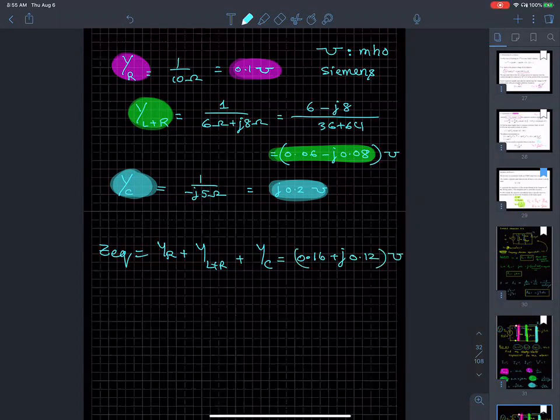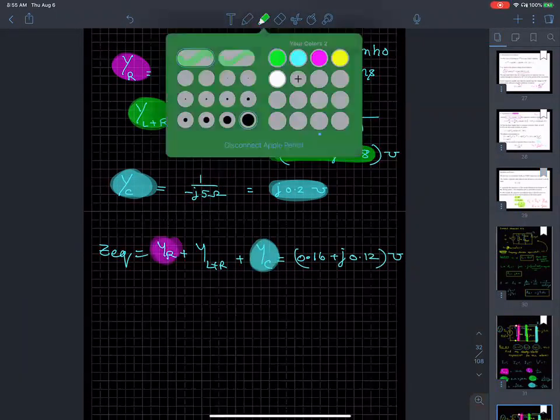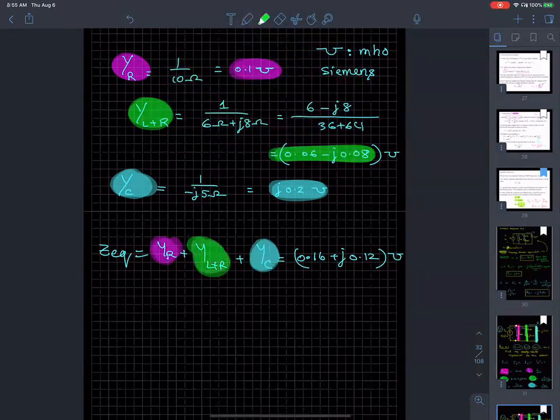It's simply the addition of the purple, green, and blue components. This is what I would get.